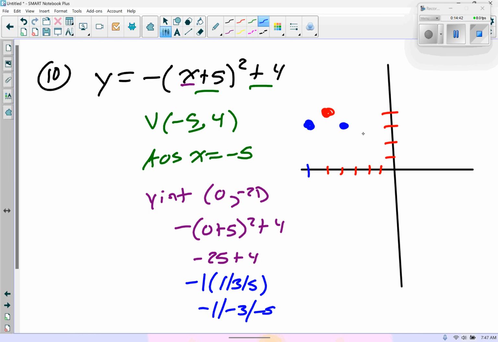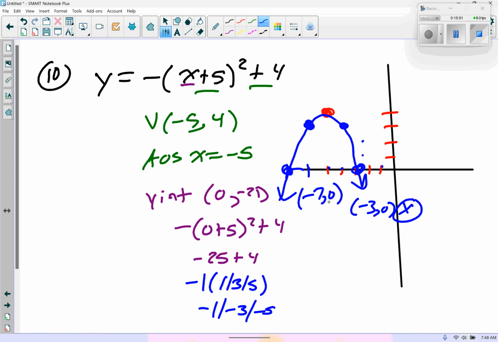Right 1, down 3, left 1, down 3. Hey, so we do have x-intercepts that we can find. So that looks like negative 3, 0 is an x-intercept. And negative 1, 2, 3, 4, 5, 6, 7, and negative 7, 0.